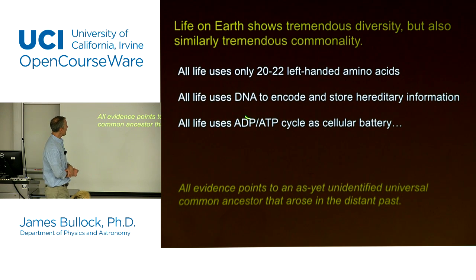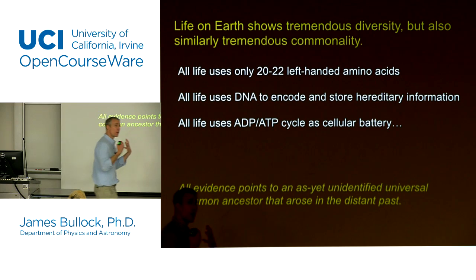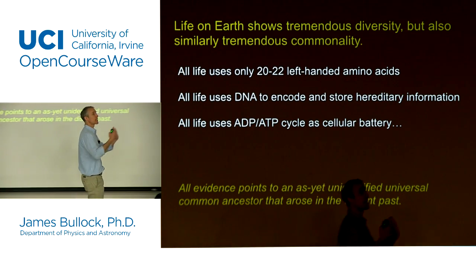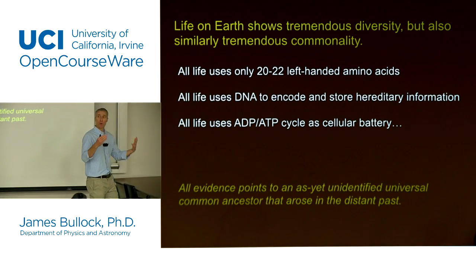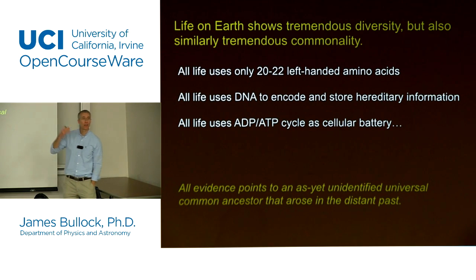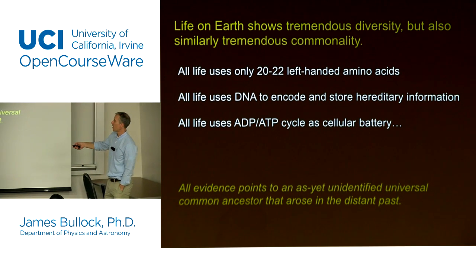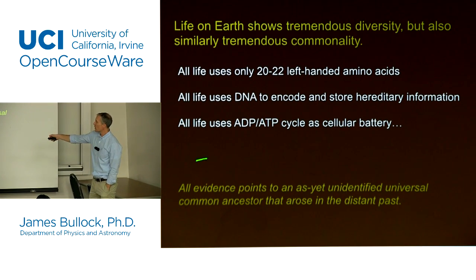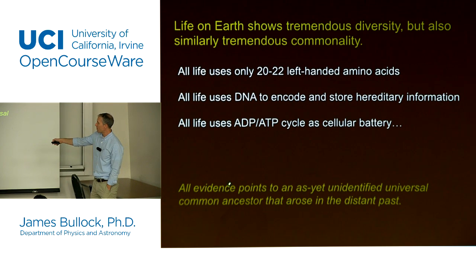All life uses DNA to encode and store hereditary information, and that facilitates the power of evolution to drive diversity and change species over time. Okay. So what this suggests is all evidence points to an as yet unidentified universal common ancestor for all life on Earth that arose at some point in the distant past.